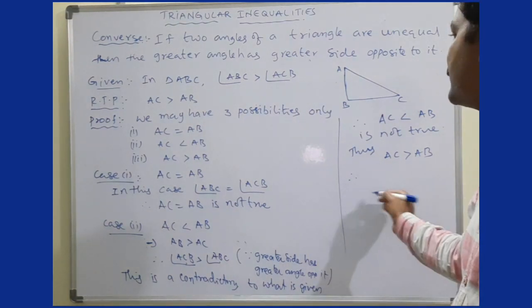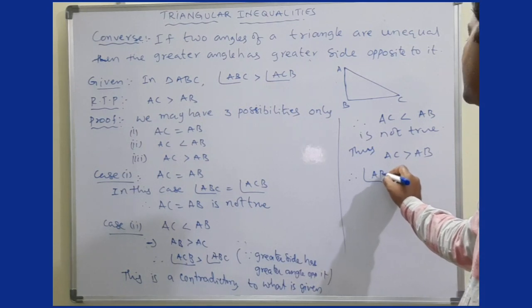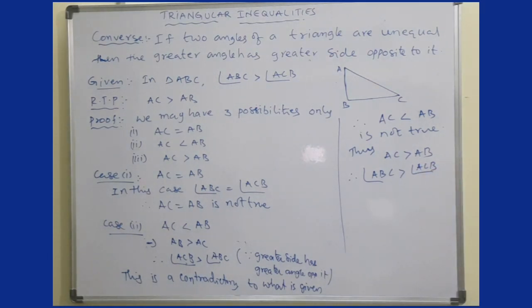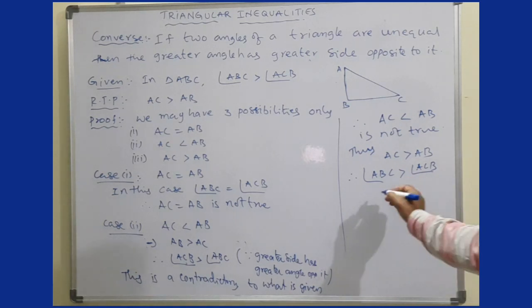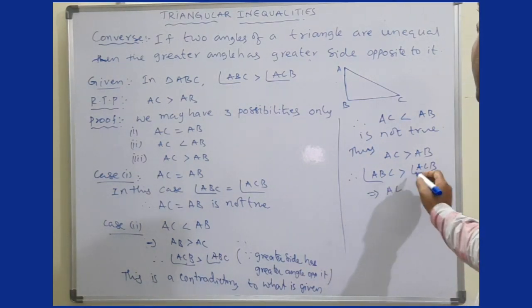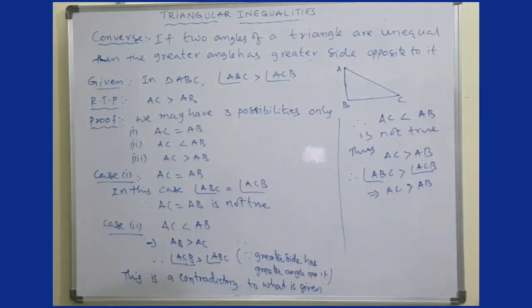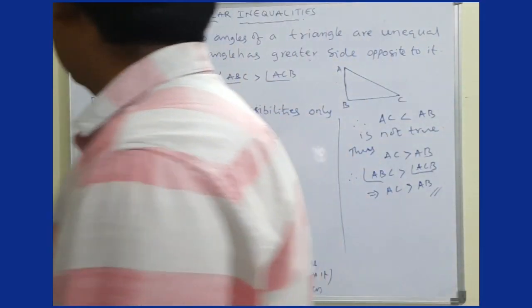Therefore, because angle ABC is greater than angle ACB, the greater angle has greater side opposite to it. Understood? Very simple. Just look at the three conditions.